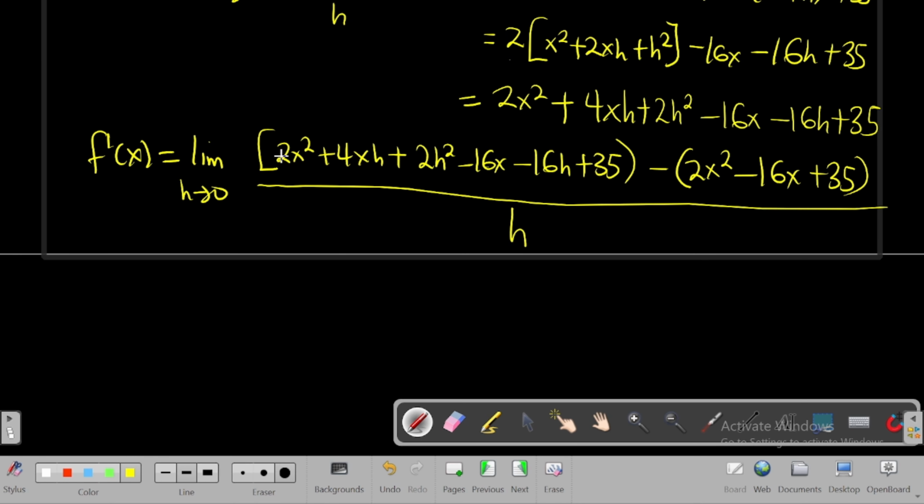Now 2x squared minus 2x squared will cancel out, right? So 2x squared can cancel 2x squared. Then we also have negative 16x minus negative 16x, which becomes 0, so this can also cancel. Now we have 35 minus 35, which becomes 0 as well, right?